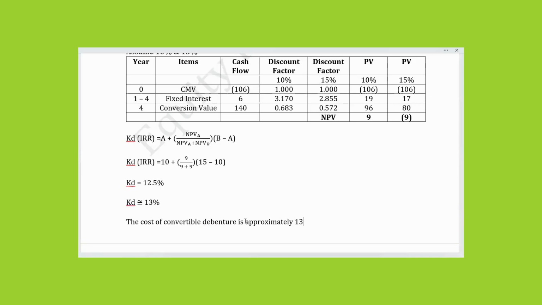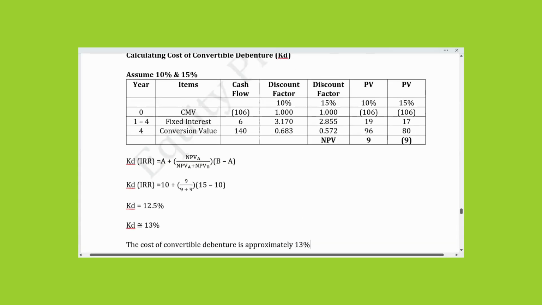That's it. This is how to calculate cost of convertible security.